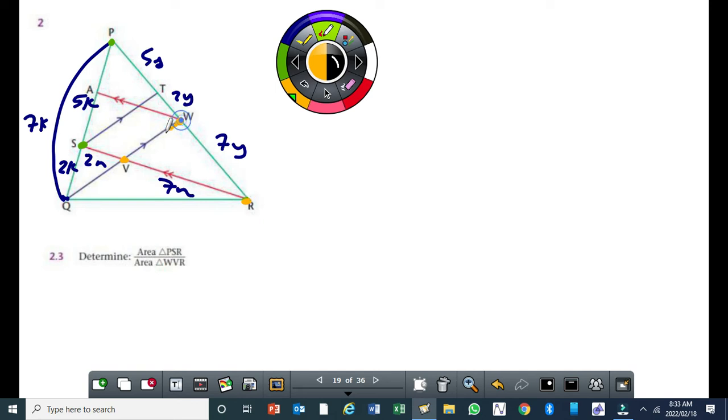Do they have the same height? Okay, remember this is triangle WVR. Okay, and the big one, which is going to be that one there, that's PSR. Do they have a common height? No. So which concept can you use? Based on what I told you yesterday.